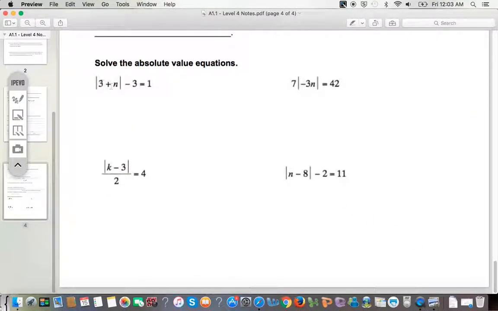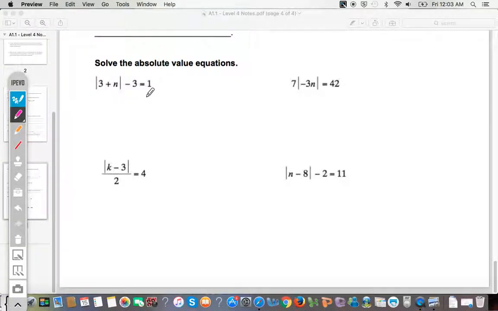Okay, so let's look at all of these. Let's start with this one up here. So, our steps tell us that we need to get this expression, the absolute value expression, or whatever is in between the bars, by itself. So, how can I do that? Make my t.